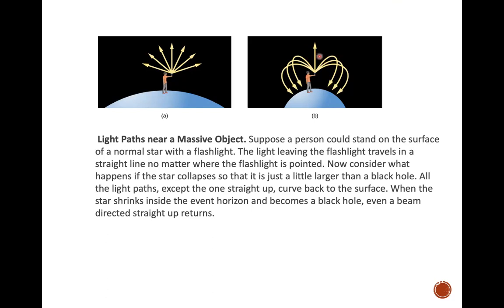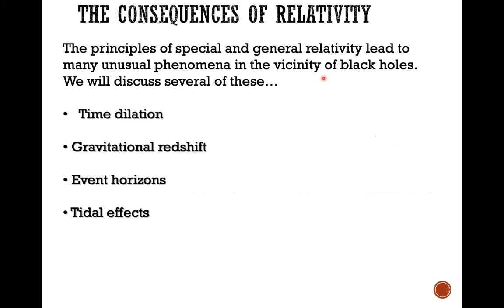It will return again. Even that light beam will not come out. This is exactly what happens for a black hole, and this is why we say that light does not escape from a black hole, right? That is due to this huge curvature of space, so that the light cannot even escape from it, right?